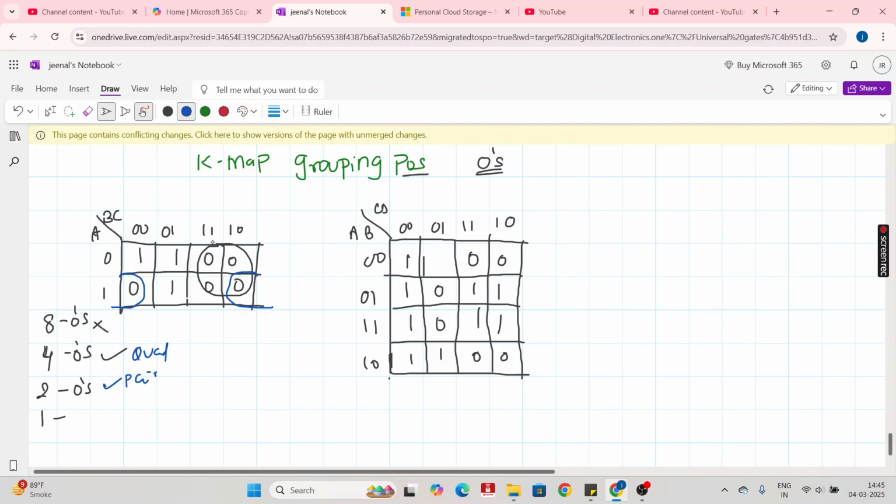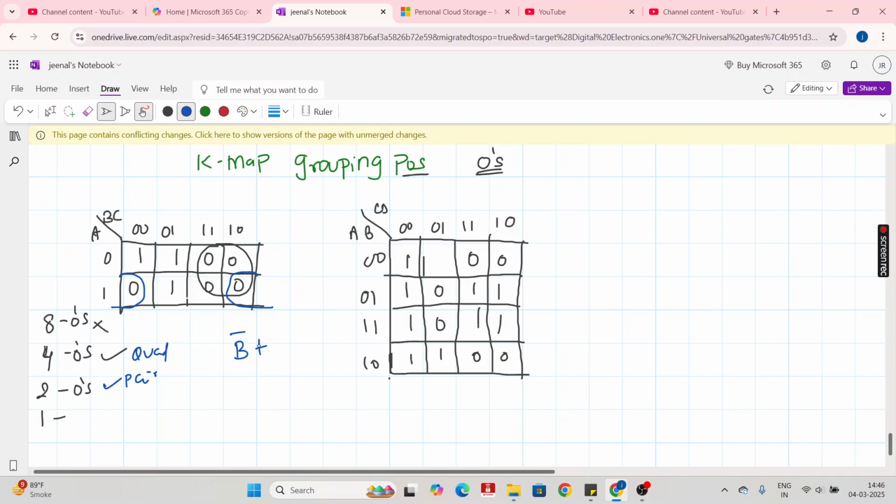So how do we write the equation? Again, check for what is common and what is changing. Whatever is changing we avoid. So let's see this first quad. Here A is changing throughout the quad, so we will avoid A here. And here we will see within B and C what is remaining the same. Since it is POS, now 1 will be represented as a bar and 0 as normal. So we have B bar as common and C is changing. So for this quad my value will be B bar, multiplied by the pair of zeros, where A is constant throughout the pair, but it is 1.